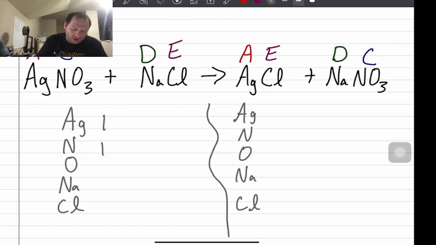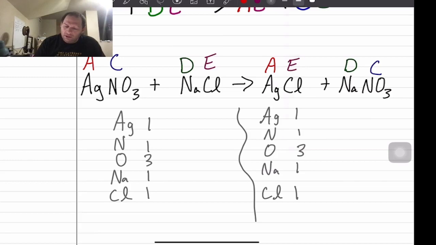Nitrogen is 1. Oxygen is 3. Na is 1. Chlorine is 1. On the right, 1 Ag, 1 chlorine, 1 Na, 1 nitrogen, 3 oxygens. It's already balanced. Sorry, when I came up with it, I should have picked a different one, or made it where it wasn't balanced, but y'all get the dealio.